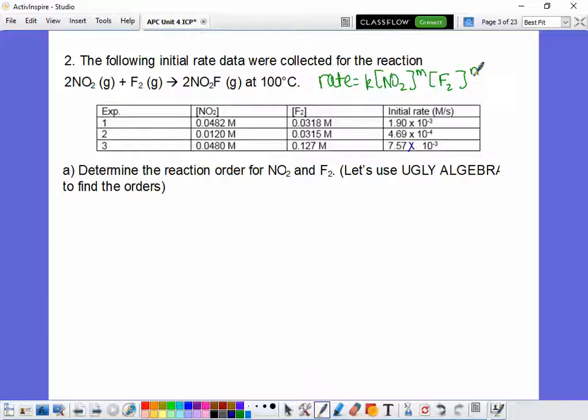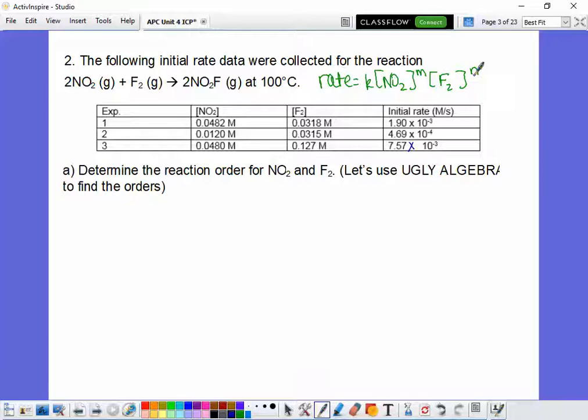So the best way to do this, and the way we're going to do this with method of initial rates, is we're going to set up our differential rate law, what I wrote up here in green, with the information from an experiment, and then divide it by that same rate law with another experiment's information. So we want to find 2 experiments where only one concentration is changing and the other one stays about the same.